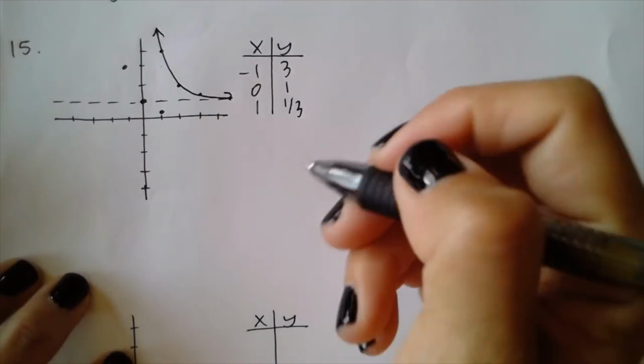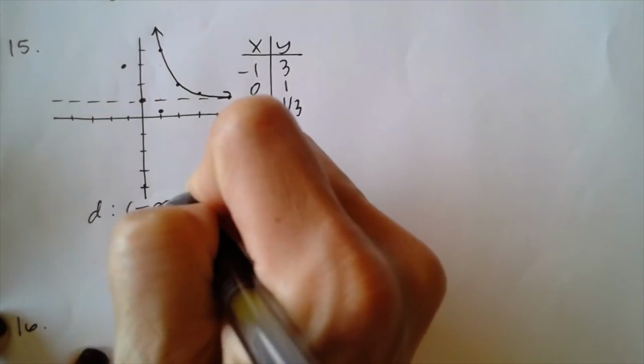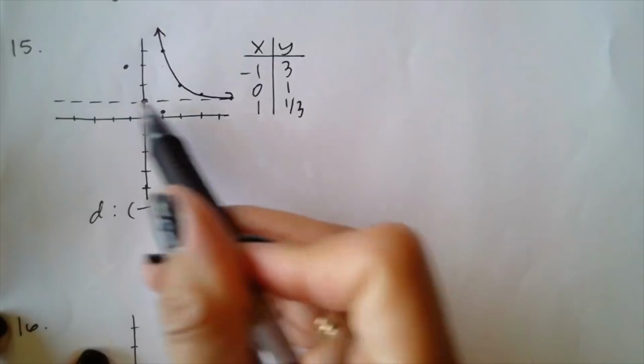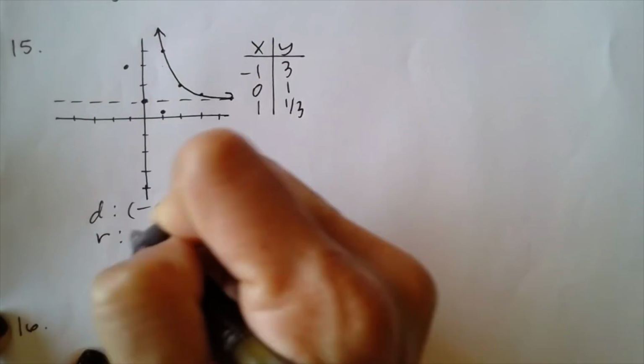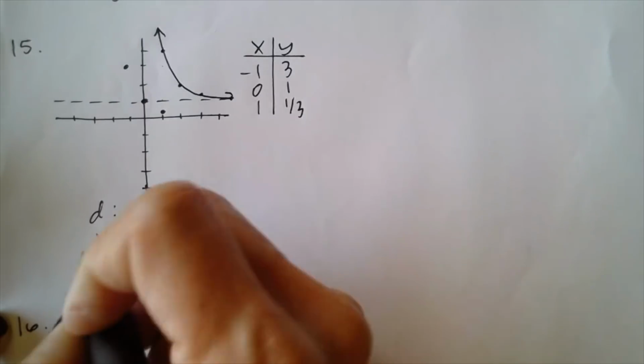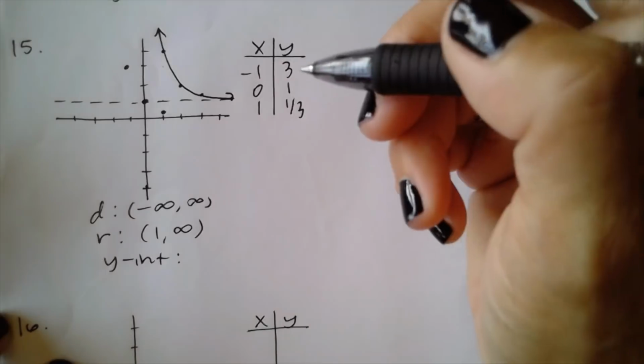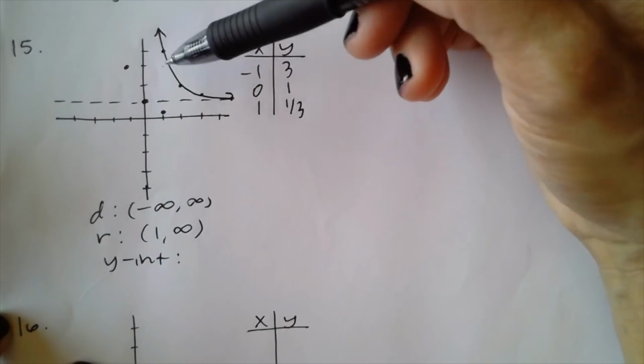So there's our graph. Domain is all real numbers, again because the graph isn't restricted to the right or the left. Range are all values above 1, so we'll go 1 to infinity. And the y-intercept. To find the y-intercept, we're going to plug in 0 for x because you can't see it right on the graph.